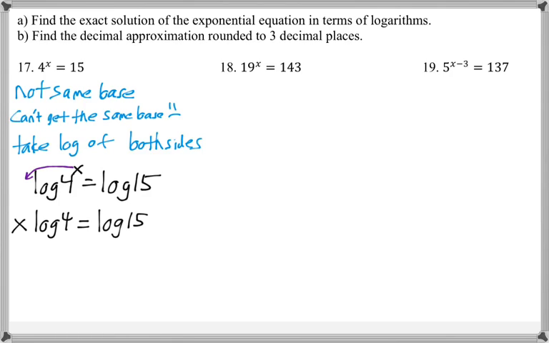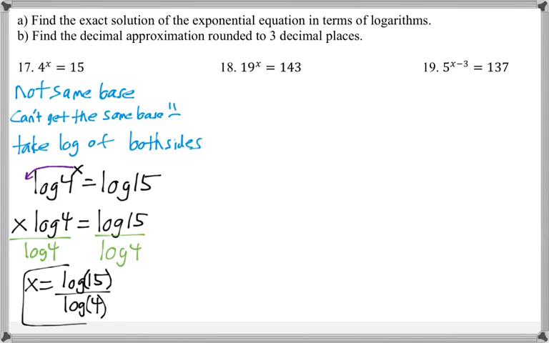So if you divide both sides by log of 4, and log of 4 is just a number, then x is equal to log of 15 over log of 4. And if you want to put the parentheses, you can. And this would be your exact answer.